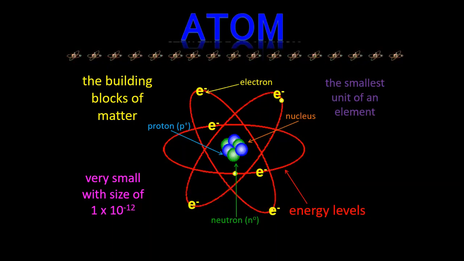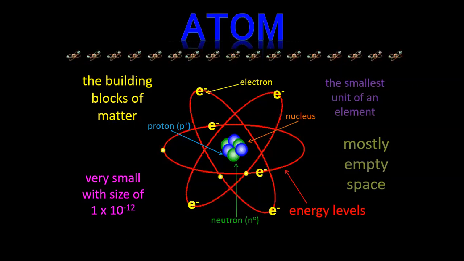These elements are combined together to produce another substance which we call a compound, as we have discussed in our previous lesson. Also, they're mostly empty space. Okay, so this is fascinating. You can see here we have this small nucleus. The space between the rings is empty. There's nothing there.